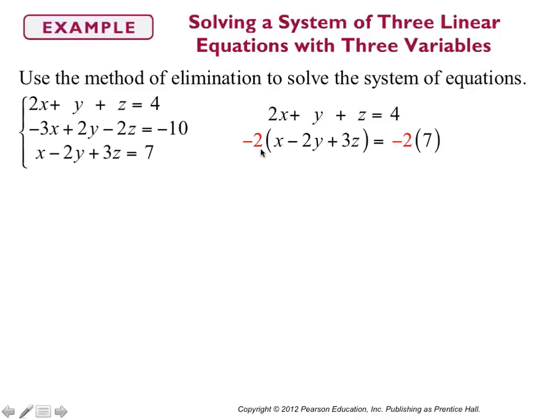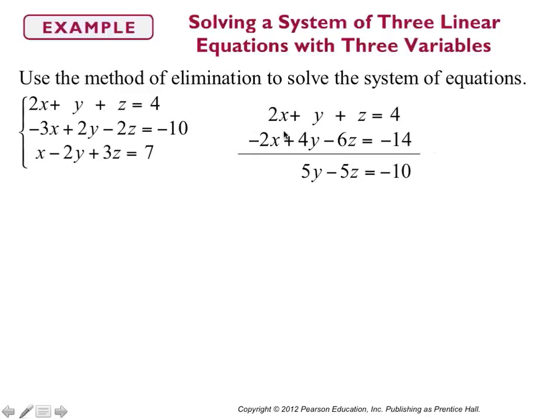So when we multiply our third equation by negative 2, we're left with negative 2x plus 4y minus 6z equals negative 14. And then we add the two together, and 2x minus 2x cancels. y plus 4y is 5y. z minus 6z is negative 5z. And 4 minus 14 is negative 10.